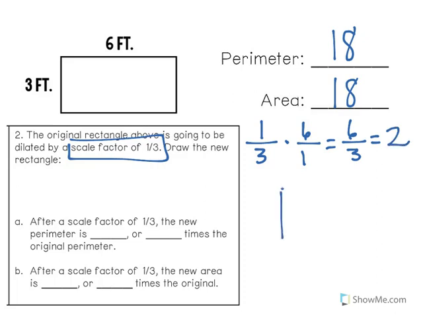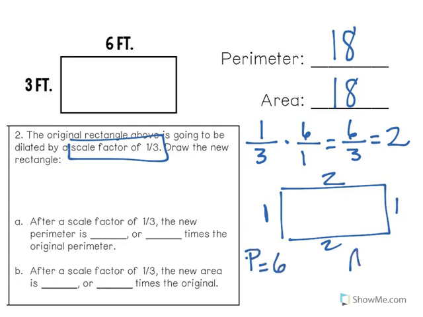So my new length is 2. And 1/3 of 3 is 1. So my new width is 1. Well, that means my new perimeter is 6 and my new area is 2.